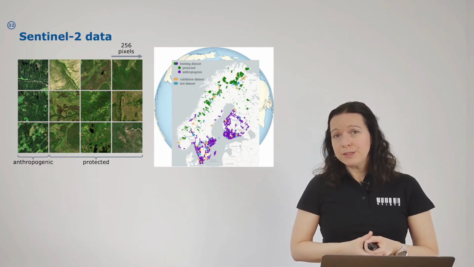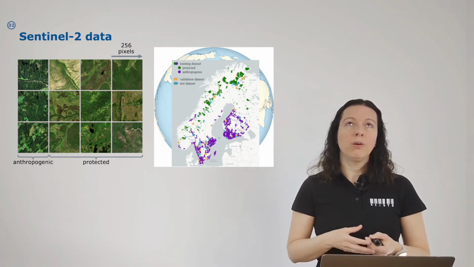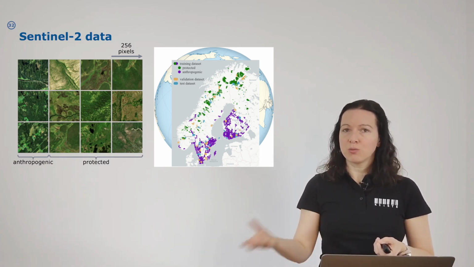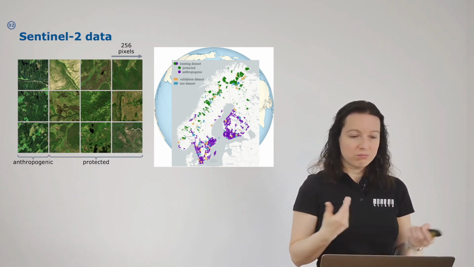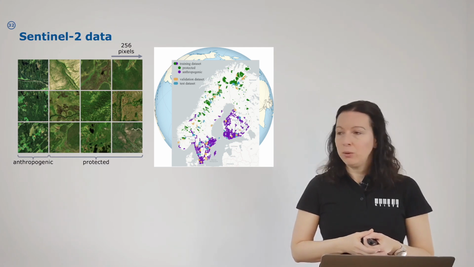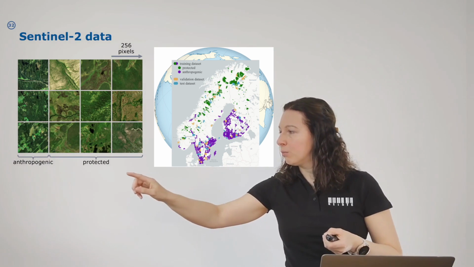And what we did for this is we collected Sentinel-2 images, and we thought about, okay, what are some areas which describe wilderness, which show wilderness, and which not, what kind of areas do not show wilderness. And we came up with two classes, anthropogenic and protected areas.